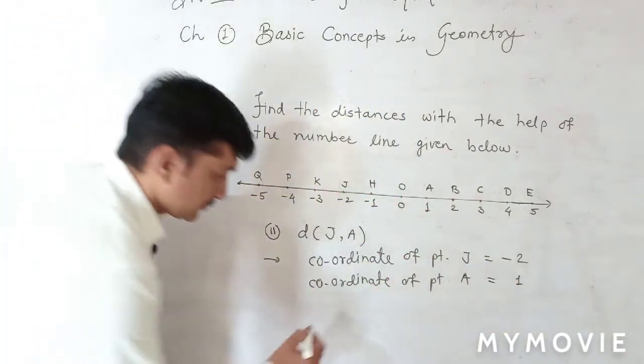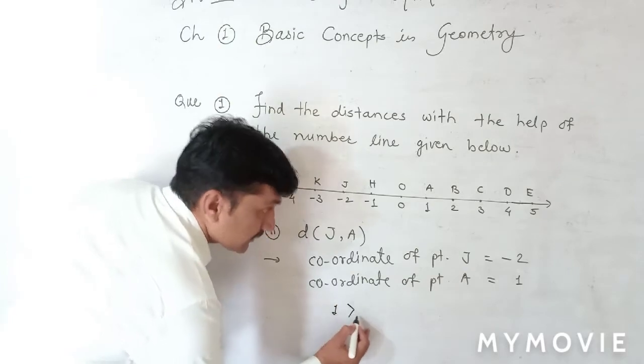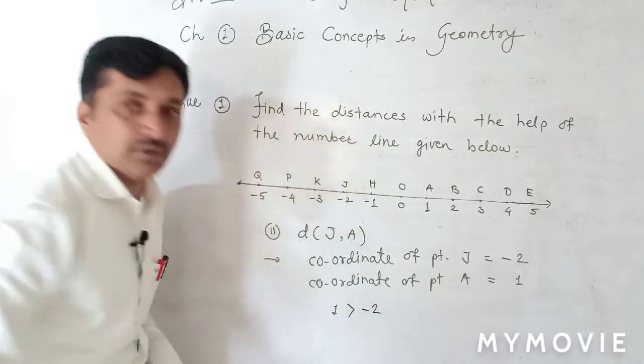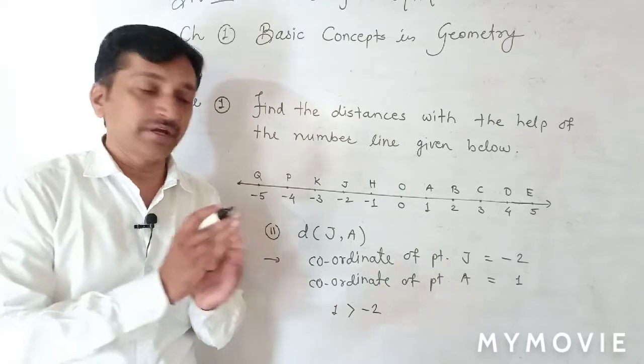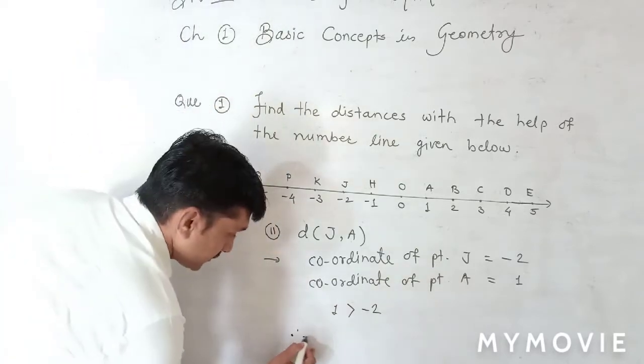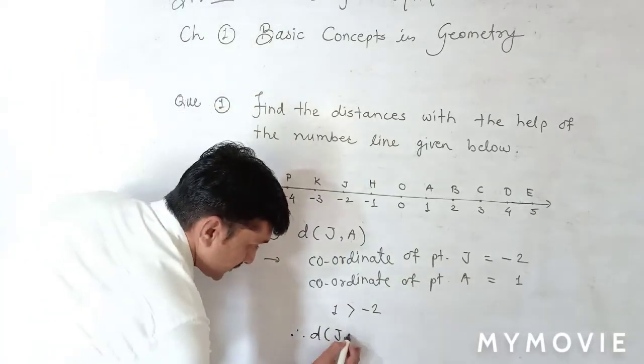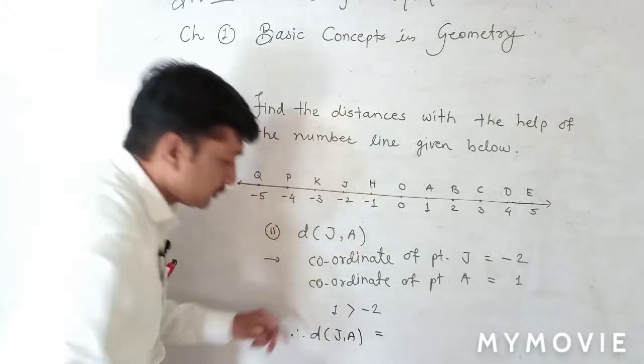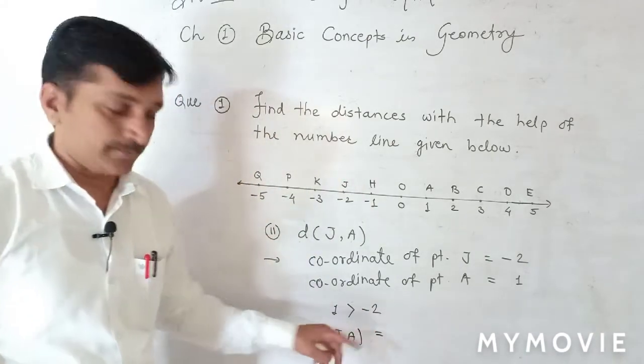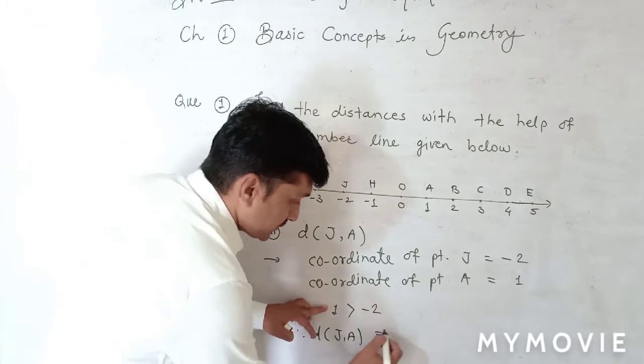Now compare them. 1 is greater than minus 2. A positive number is always greater than a negative number, and therefore the distance JA is equal to bigger minus smaller. The bigger coordinate is 1.